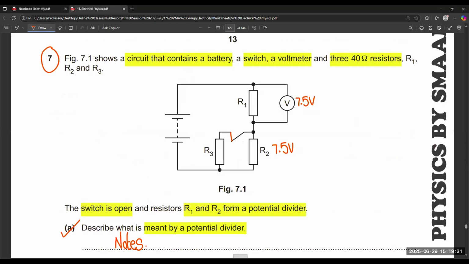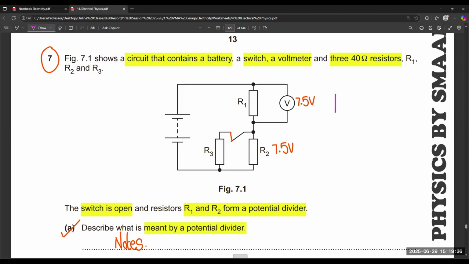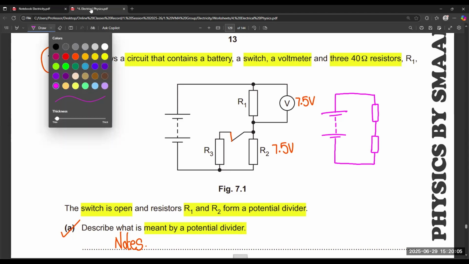Like if we make this simple circuit, we have R1 connected, and finally we have the voltmeter connected with R1.